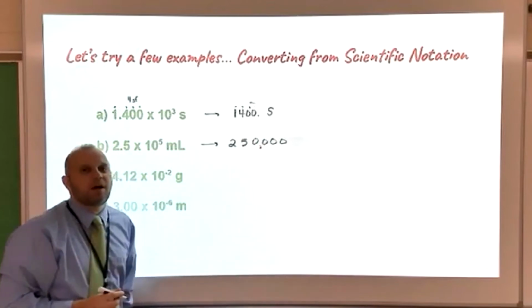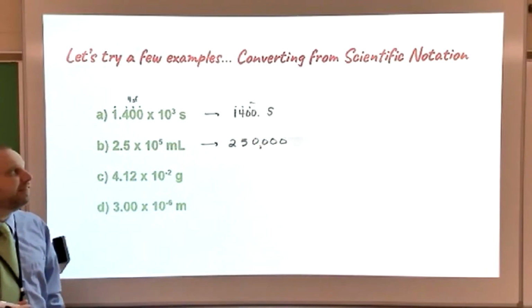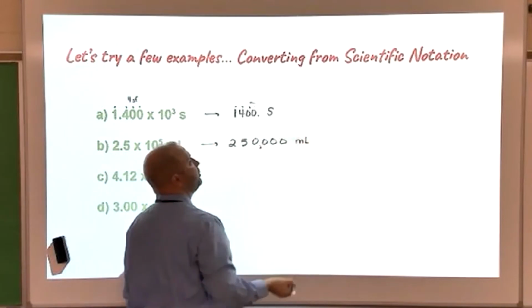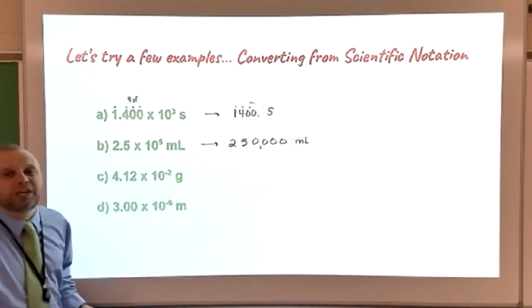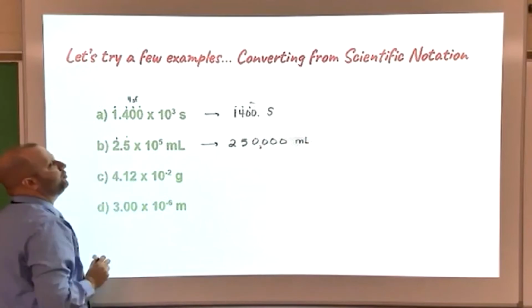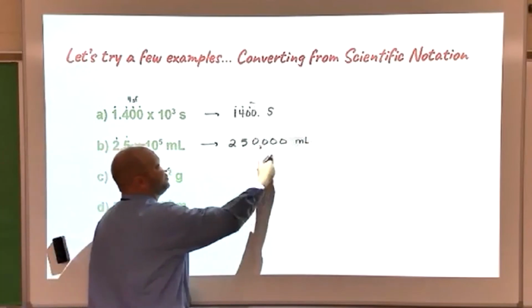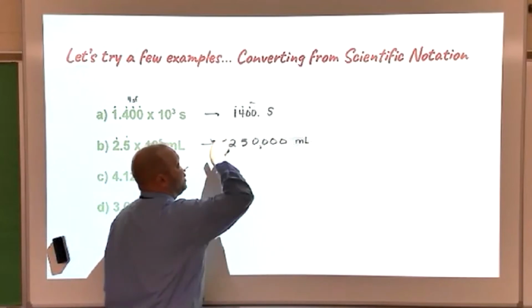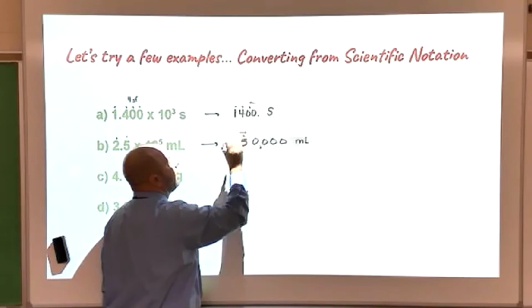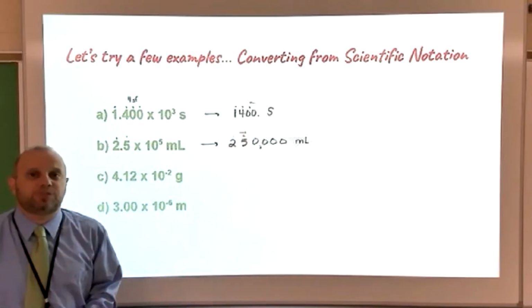So this becomes the number 250,000. We want to keep our unit of milliliters. Looking at significant figures, this has 2 significant figures. This has no decimal point, so we count in this direction from left to right. And this has 2 significant figures.